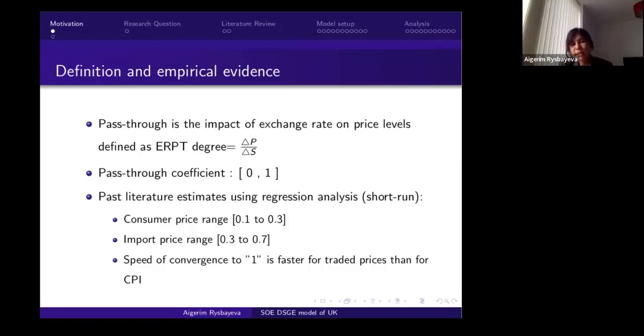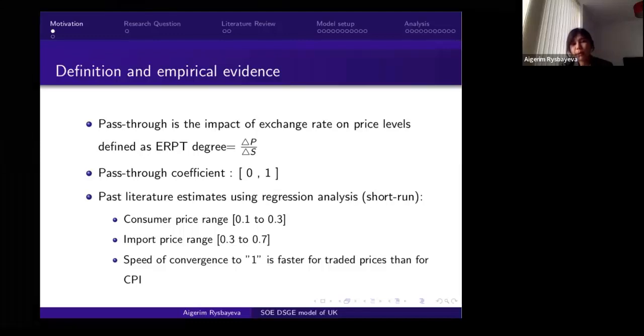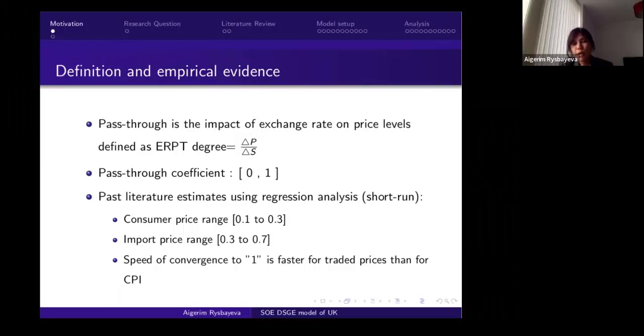In my thesis, this is the main reason I assume: price rigidity. It could be other reasons, like variable markups, where the firms tend to change the markups rather than prices, or it could be the low inflation environment, for example in advanced economies where we have inflation targeting.